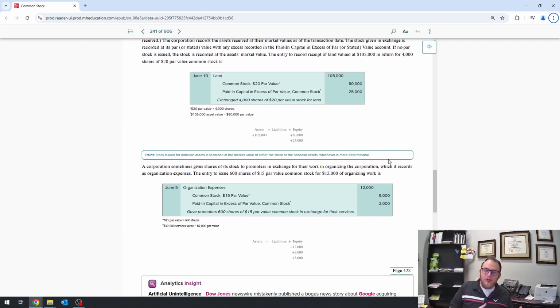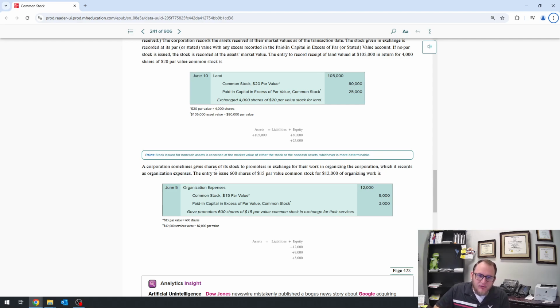And so similar to receiving an asset, if the company were to pay expenses with the issuance of their common stock, it'll work kind of similar. So you can see here a corporation sometimes gives its shares of its stock to promoters in exchange for their work in organizing the corporation, which is recorded as organization expense.